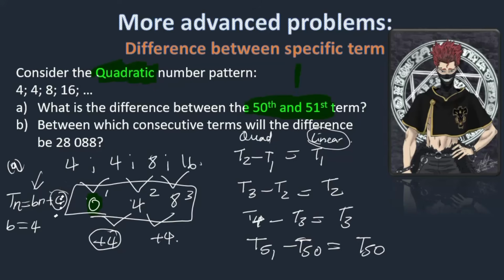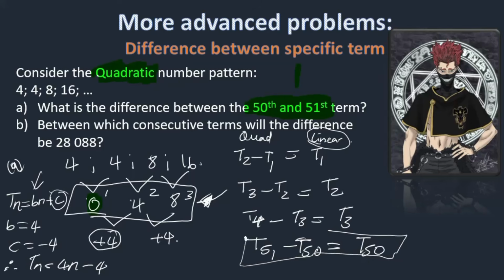It means my C value will be negative 4. So the sequence for my linear pattern is 4n minus 4. I'm talking about this linear pattern. Remember, the first difference is a linear pattern. Right? So, and then we said, what do I want? I made this part here.